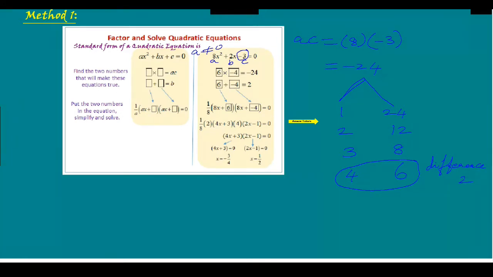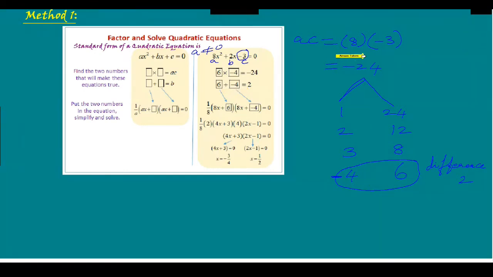But now I need to decide the sign which is negative, whether it is 4 or 6. For that, look at the B value. It should be positive 2 after subtracting. So the larger number should be positive, then only the difference I'll get is positive 2. So make 4 negative. These are the two numbers to be considered.